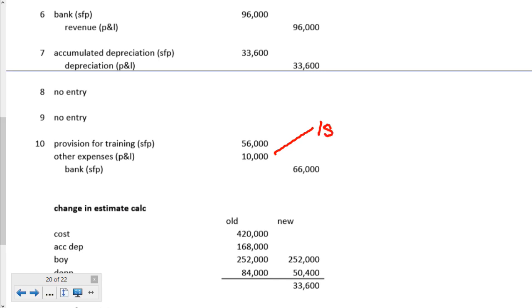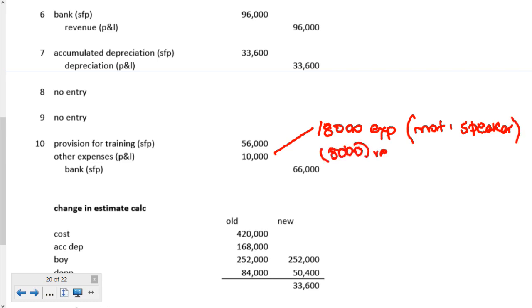It's an 18,000 Rand expense for the motivational speaker, and it's a -8 reversal for the training expenses, giving you a 10 expense. Okay, so it is correct.